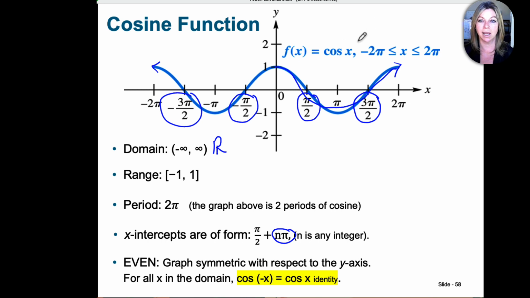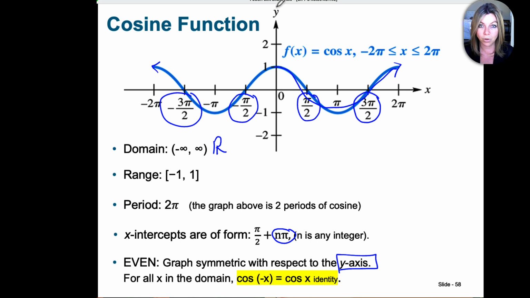So if I were to take this picture right here, and if I had it in my hands, and I was able to fold the paper along a very specific line, that line, or the mirror, if you want to call it that, would be the y-axis. See how it says the graph is symmetric with respect to the y-axis.